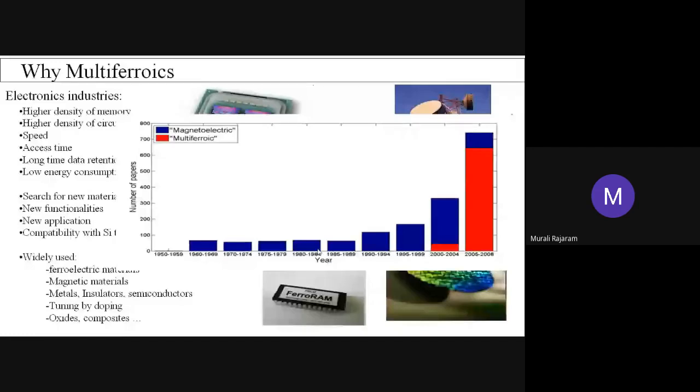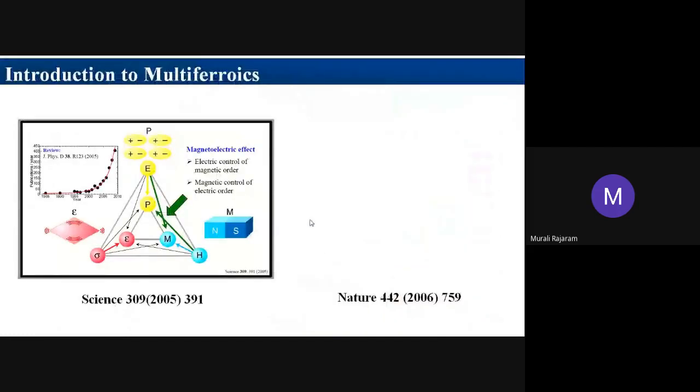This is one of the well-known cartoons for multiferroic materials. Some of you could have seen this kind of image if you have attended conferences on multiferroics, ferroelectrics, or ferromagnetics. Here this is the electric polarization.